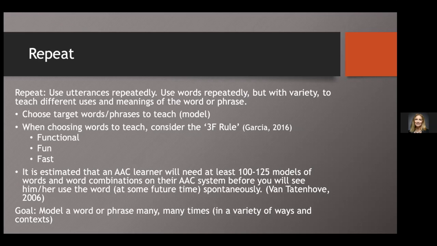Just like what Janelle said, when you're talking to an infant, we keep repeating our words, when we're talking about ball, red ball, big ball, it's the same thing. This is how our students learn with regards to learning this AAC or their new AAC system. So that's repeat.